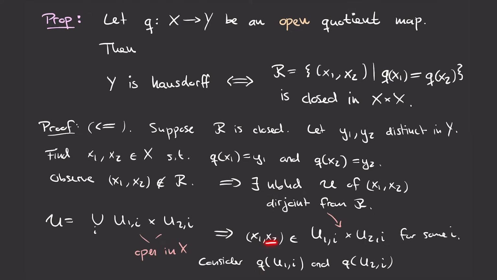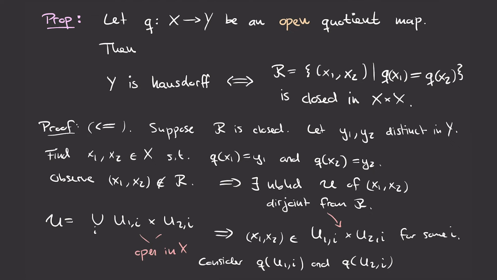Similarly, X2 is contained in U2i, and Q of X2 is Y2, so Y2 needs to be contained in Q of U2i. Together with the fact that these are open sets, this shows that these are indeed neighborhoods around Y1 and Y2 respectively. The last thing we need to show is that they are disjoint.